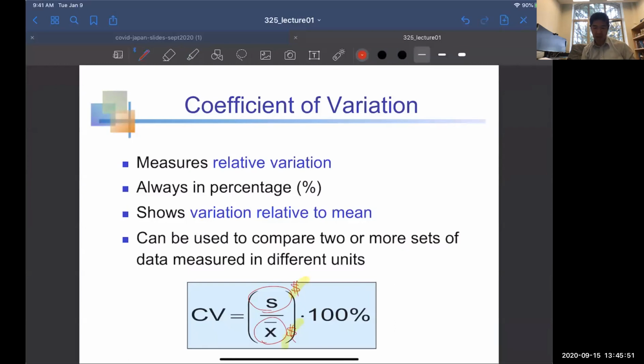So the coefficient of variation, defined by the ratio of the standard deviation to the sample mean, is going to be unit free. This is a useful measure in the sense that you can compare the distribution across two variables with different units.